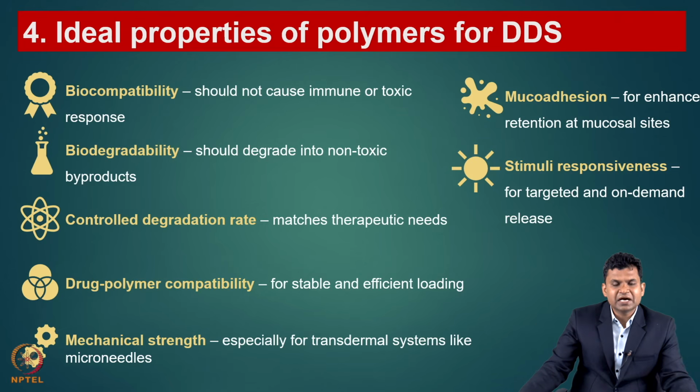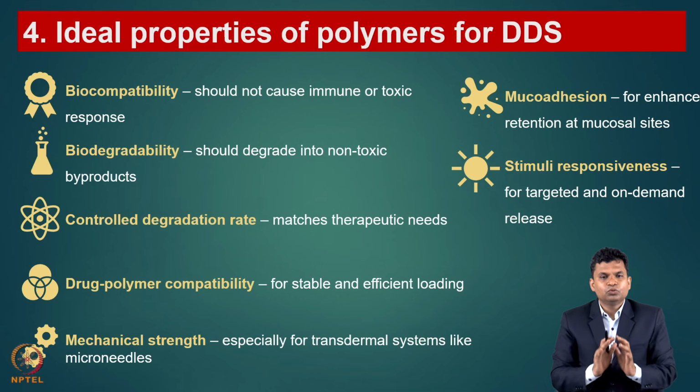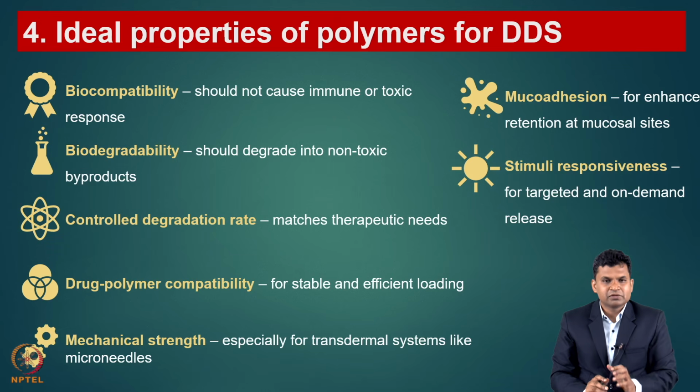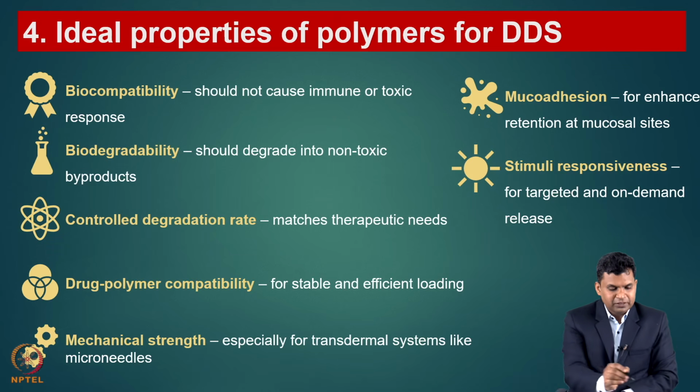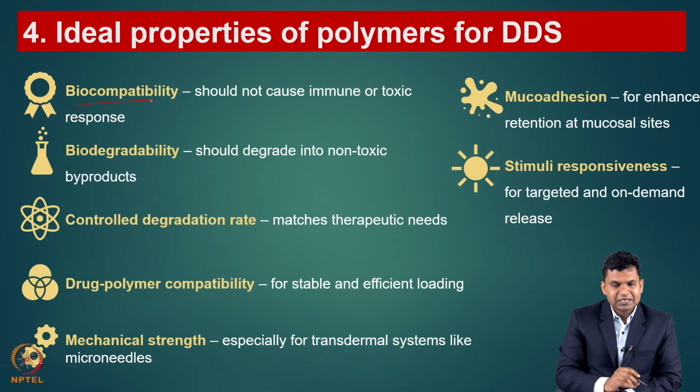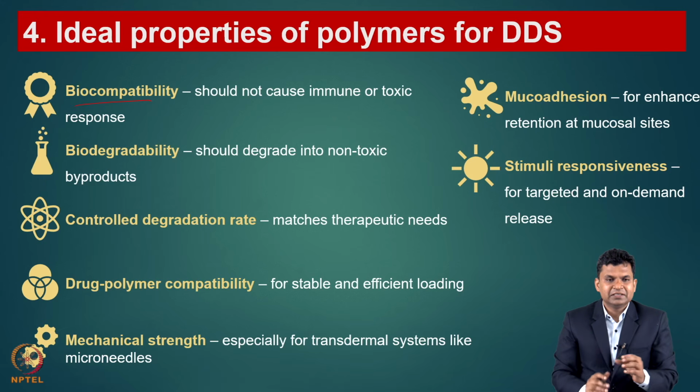So, these are the ideal properties of polymers for drug delivery systems. If you want to use any polymer, the properties need to come within this list. Your polymer should be biocompatible, nothing but compatibility after administration, which will not show any type of immune and toxic response.